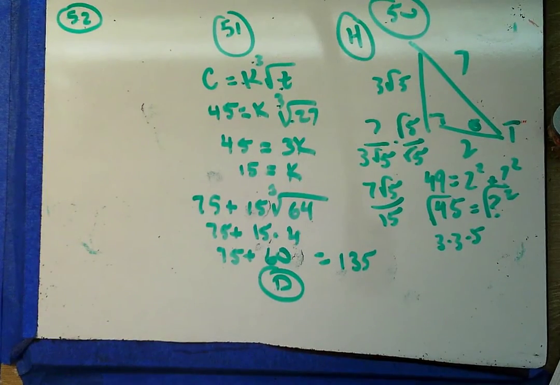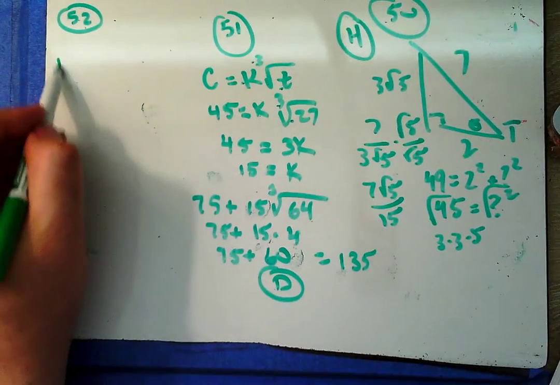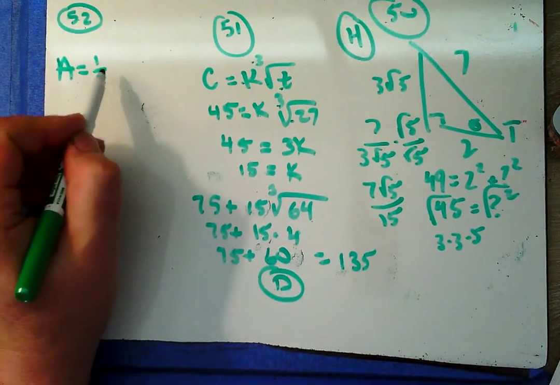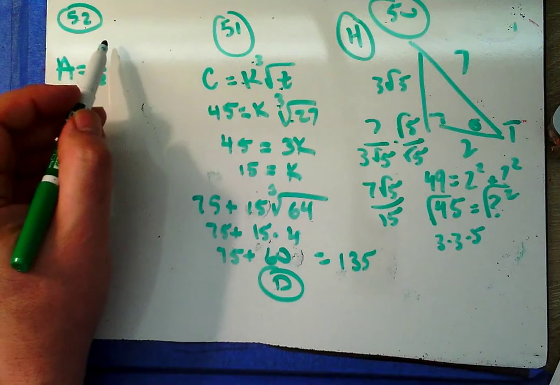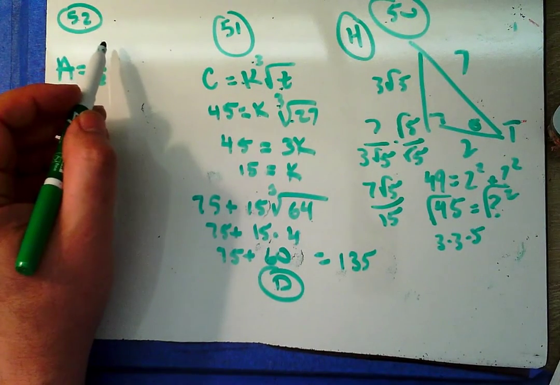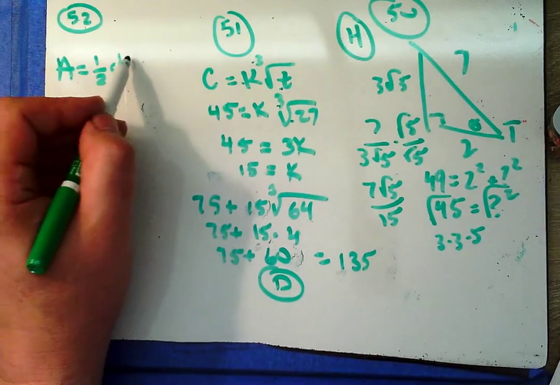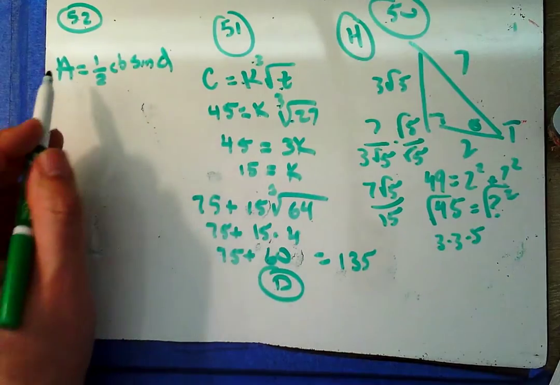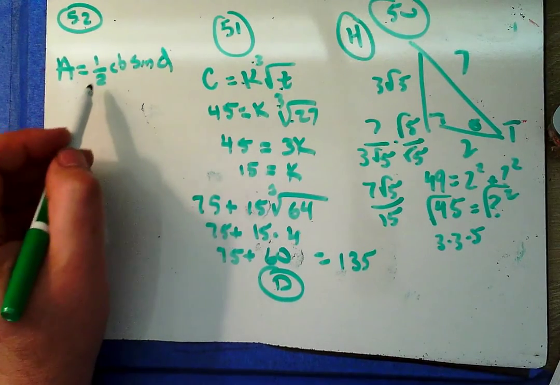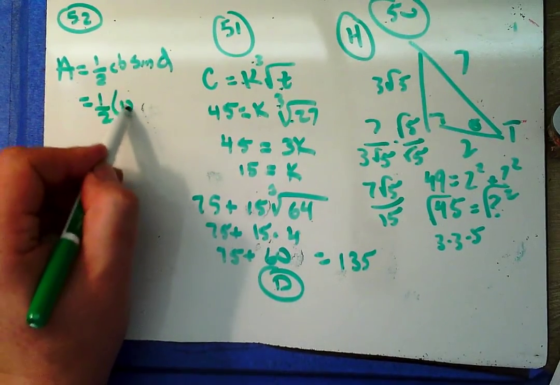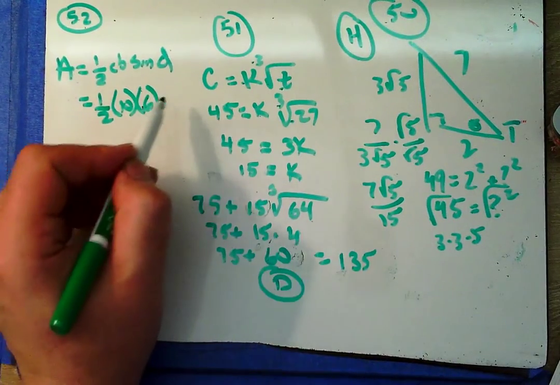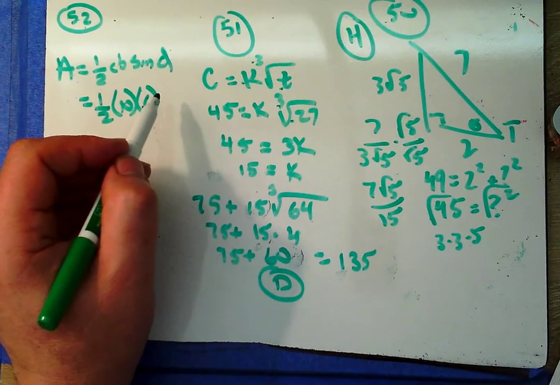52, we're looking for the area of the triangle. In that same unit where we talk about law of sines and law of cosines, we'll learn that the area of the triangle is 1/2 C B sine D. So our C is 10, our B is 6, and our sine of D is 0.8.